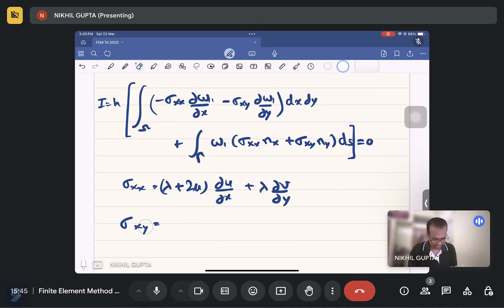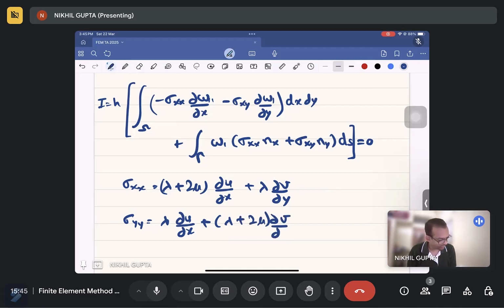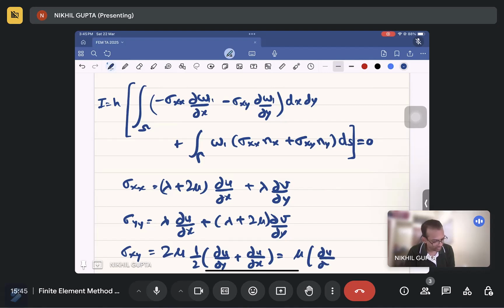Sigma yy can be written as lambda of del u by del x plus lambda plus 2 mu of del v by del y, and sigma xy can be written as 2 mu of half del u by del y plus del v by del x, which equals mu of del u by del y plus del v by del x.